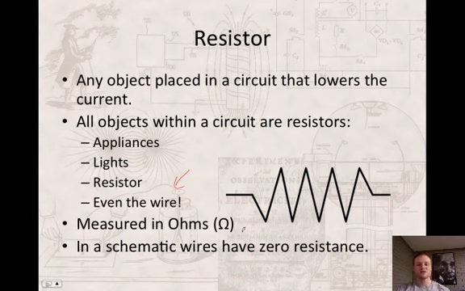And again, remember, resistors are measured in ohms. In all of our diagrams in this class, we are going to make the assumption that the wires have 0 resistance. Even though that's not exactly 100% true, compared to the other objects that we place in our circuits, the wires themselves provide very little resistance compared to, say, a lamp or something like that.